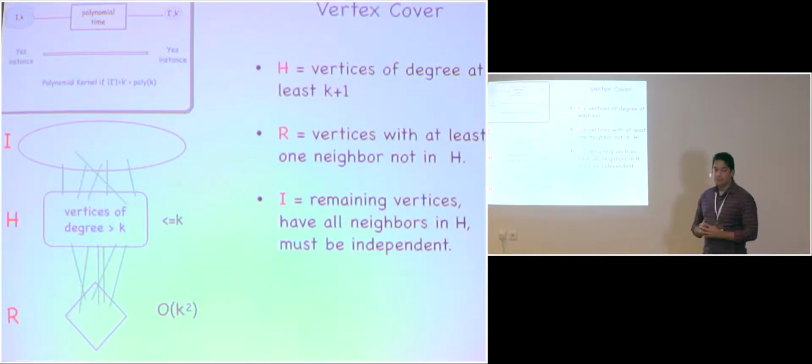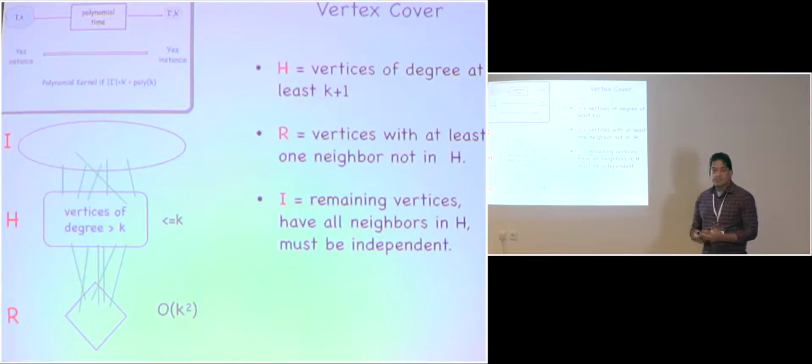When we throw out the vertices of I, we forget that some vertices here might be high degree vertices, because these guys could be high degree vertices because of neighborhoods in I. So there is one subtle point here in my description, which is that before you throw away I, you need to mark at most k plus 1 neighbors of each vertex in H here and throw away the rest. This is just a small subtle point that it'll be helpful to remember.